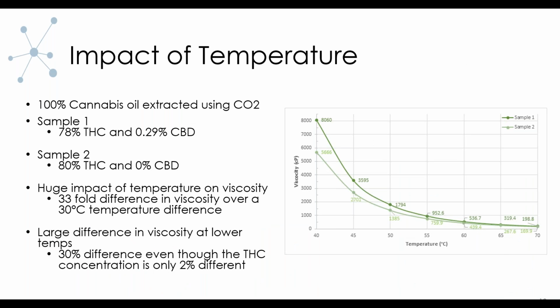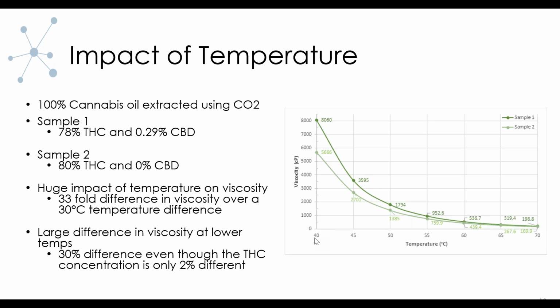Now I'd like to talk about temperature testing, because viscosity is greatly influenced by temperature. Here we have two samples, sample 1 and sample 2. At 40 degrees, the viscosity is 8,000 centipoise for sample 1, and for sample 2 it's just under 6,000 centipoise. For reference, honey is 10,000 centipoise, so this is just a bit less viscous than honey.